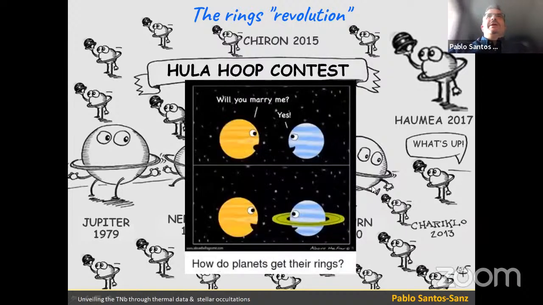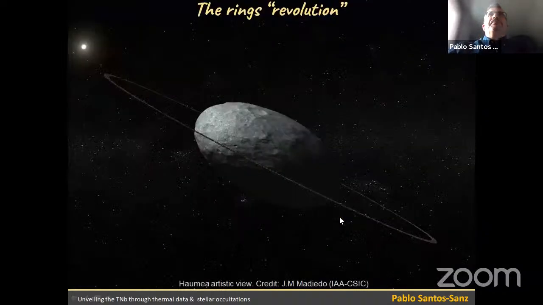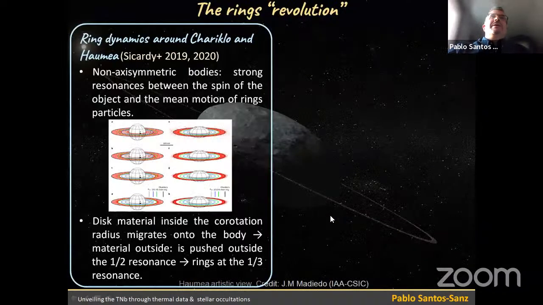This opened the possibility to study what happened with the rings. What's the origin of these rings? Well, in our case, for TNOs or Centaurs, how do these objects obtain the rings, and what is the lifetime of these rings? There are a few theoretical works about the rings around these objects, in particular around Chariclo and Haumea.